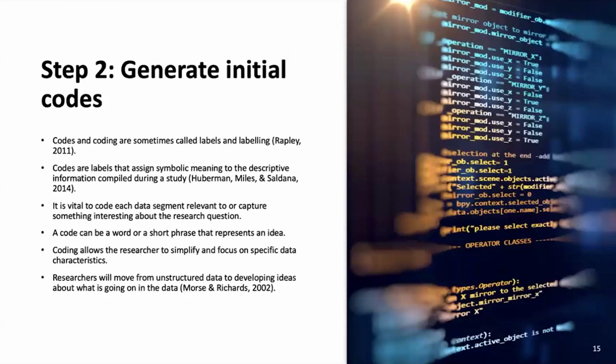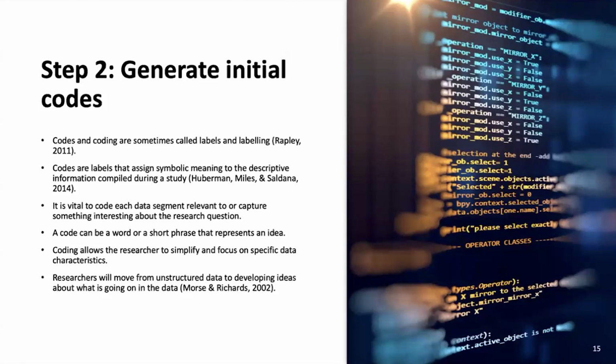So now that you've made yourself familiar with your data and started to put in your notes, you now start to generate initial codes. Codes and coding are sometimes called labels or labeling. Codes are labels that assign symbolic meanings to the descriptive information compiled during your study.